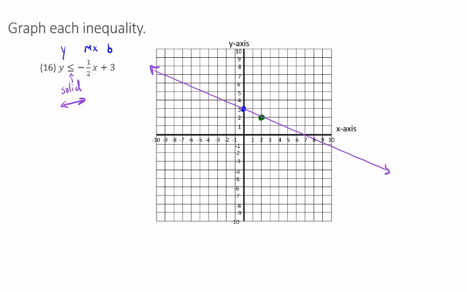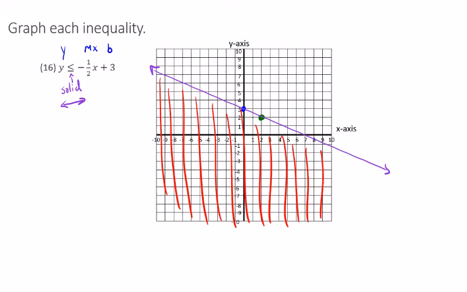Because remember, an equation represents all the points on this line. There's an infinite amount of points on that line, but since we also have a less than, we have or equal to and then a less than, that means we're also going to shade everything below. So we're going to shade all this area below here.